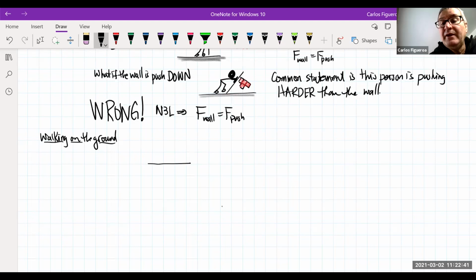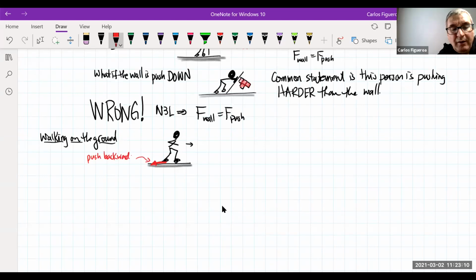So you could imagine that here's my surface now. And then there's a person walking. What does that person have to do in order to move forward, right? In order to move forward, he has to do or she has to push backwards, right? You have to push backwards to go forwards.